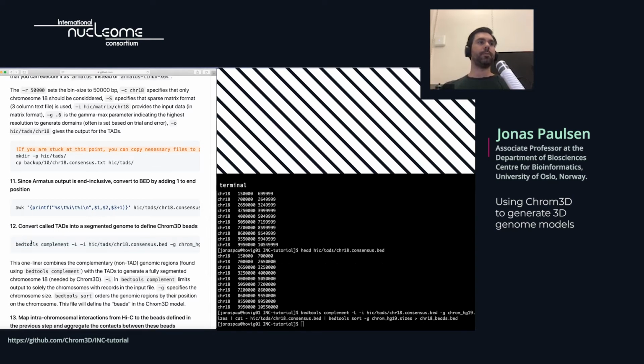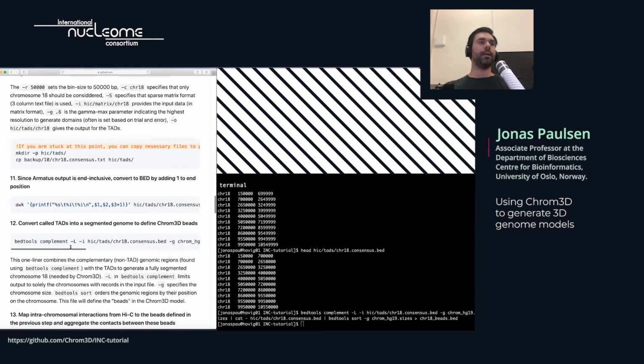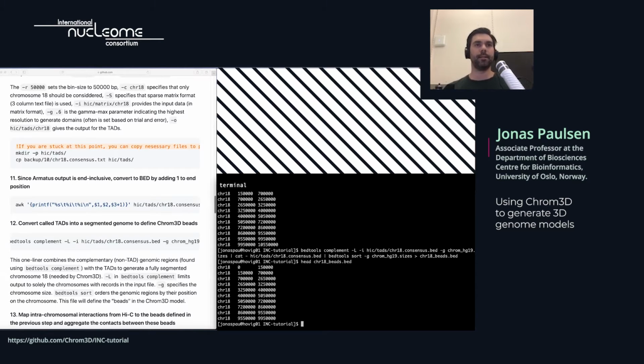In this step, we will use BedTools complement, which will fill in all the gaps for us in between the regions where there is no defined segment. So just looking at the output of that, what you can see here in the file that we now call chromosome 18_beads.bed is that this has now a segment defined starting from position 0 on chromosome 18 up to 150,000.